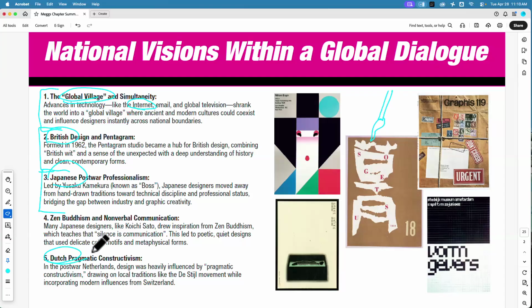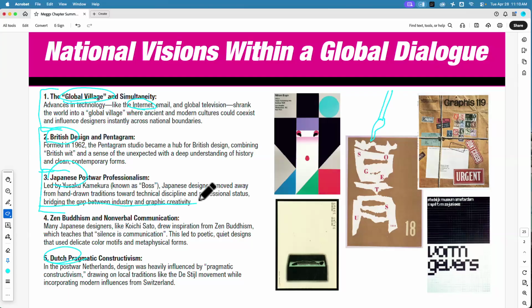But now I've developed it into more using the computer, getting you doing different things, looking at different things and understanding different things. So we're breaking away from the full tradition, but we're still understanding that this comes from somewhere, which again, bridges the gap between industry and graphic creativity, opening up. And we don't always have to do it the same way. I want to do it in the computer instead of doing it this way or that way or the other one.